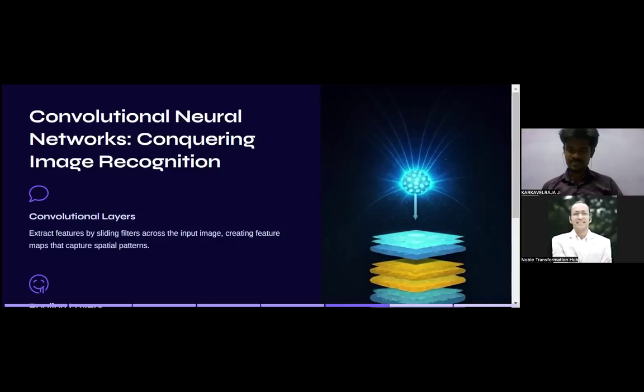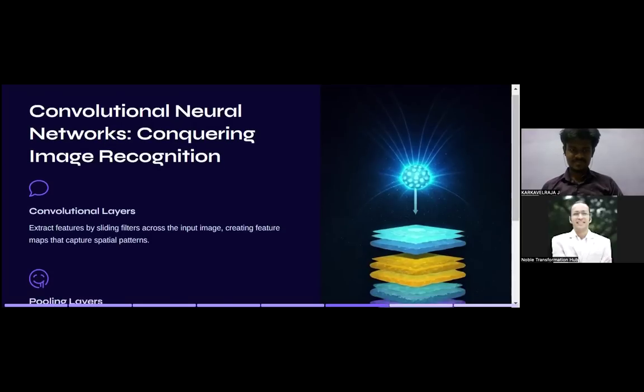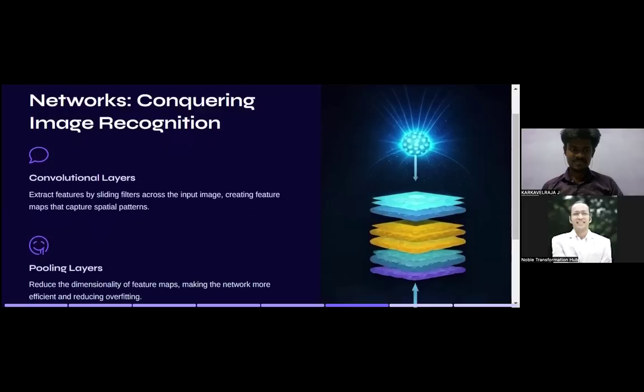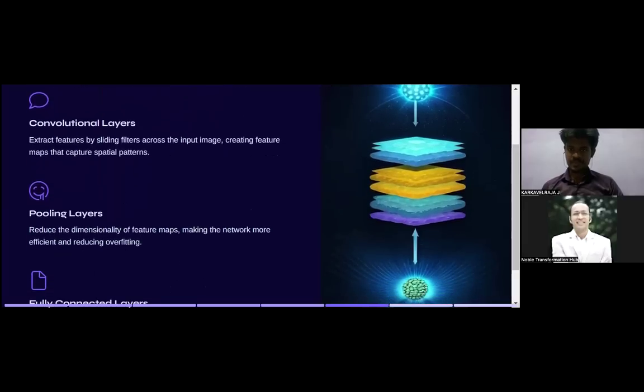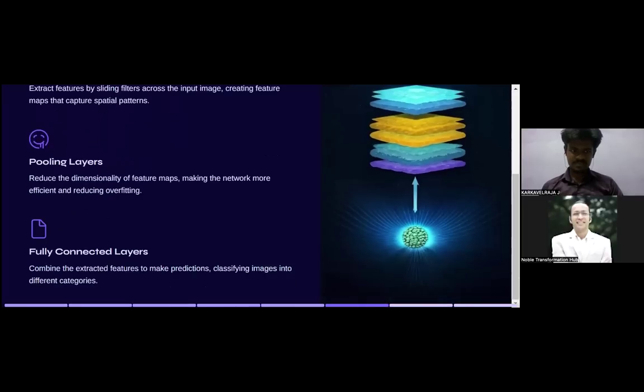We usually use CNN in image recognition and other applications, creating feature maps and capturing the spatial patterns. Then we have the pooling layer, which reduces the dimensionality of feature maps, making the network more efficient and reducing overfitting.